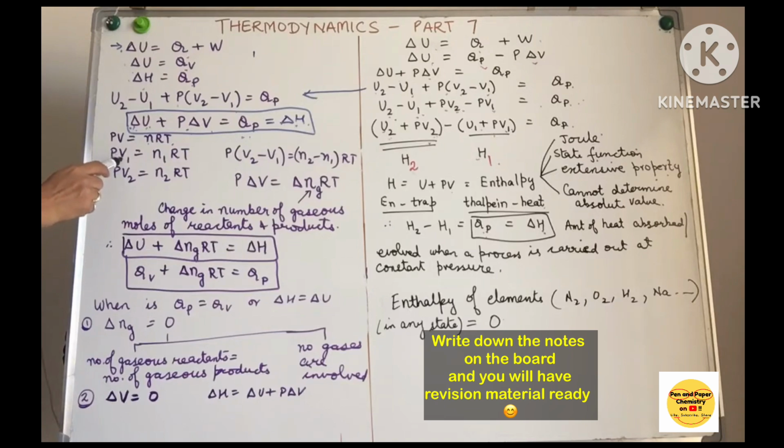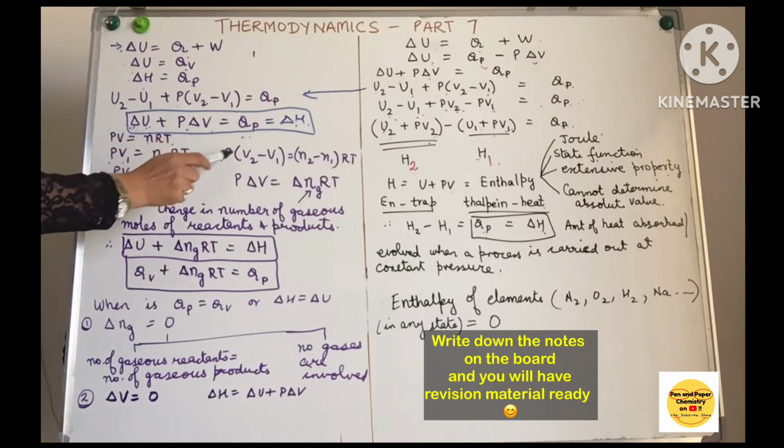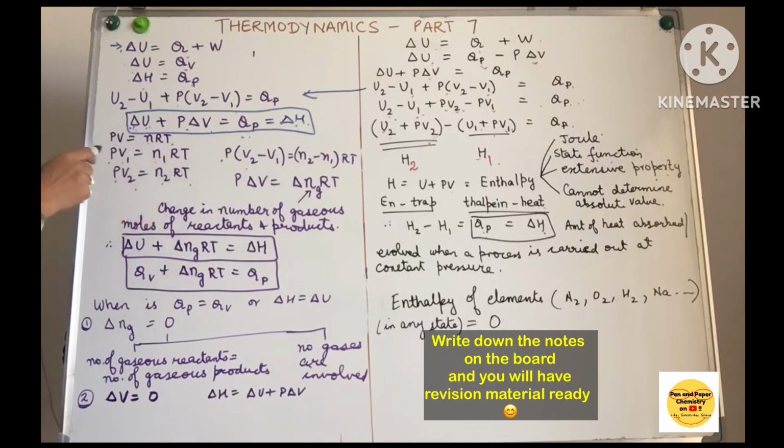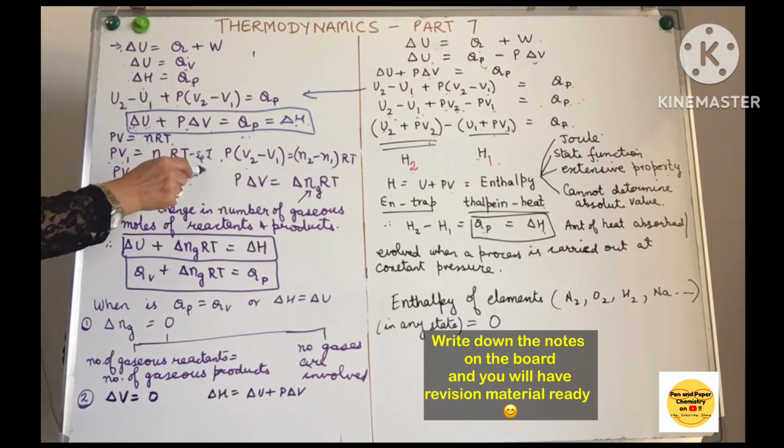That means PV1 is equal to n1 RT. We are talking about a process which is taking place at constant pressure. So PV2 is n2 RT. Subtracting equation 1 from equation 2, what do we get?